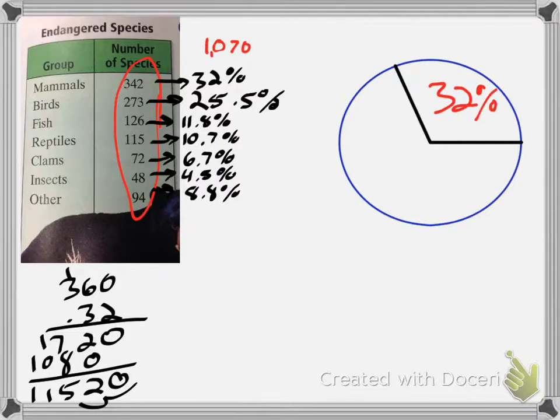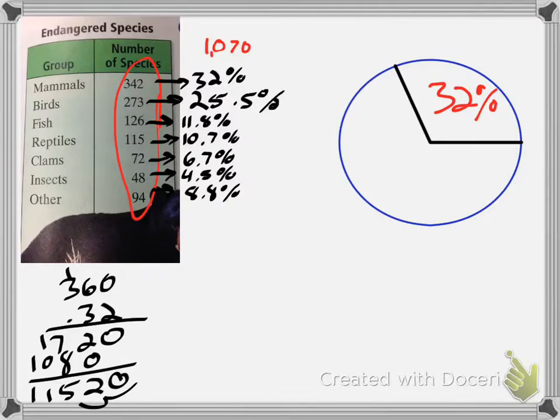Now I do that to all the rest of the problems. So I'm going to figure out what 25.5% of 360 is. Now there's another way to do this, and let me show you the other way. This is correct. However, I had to round each one of these percents, and they're not exact percents. So the best way to do exact percents is to do it as a proportion.